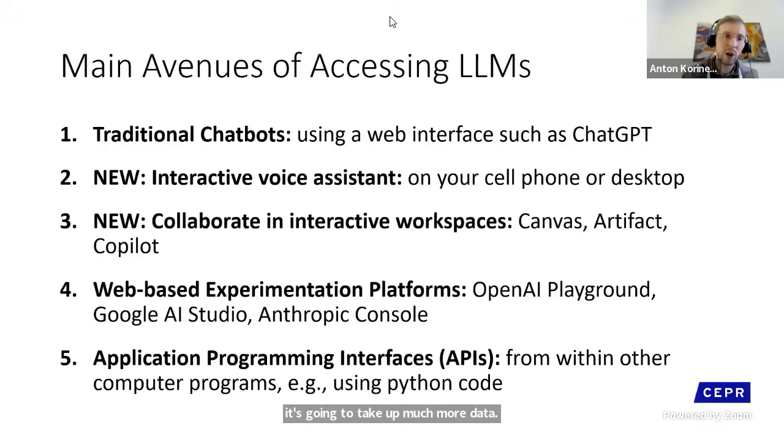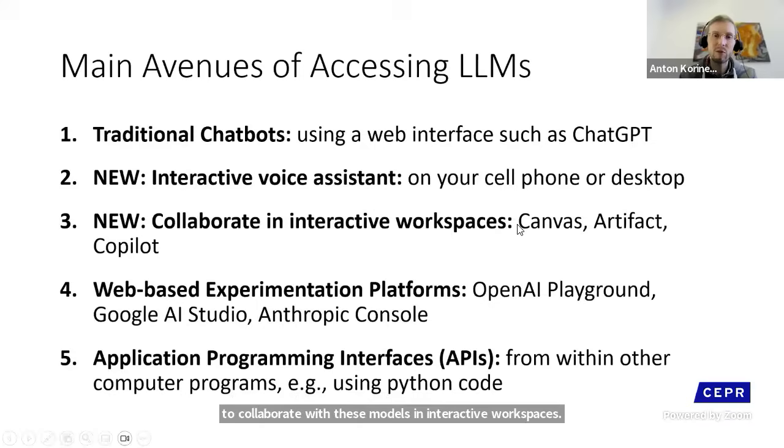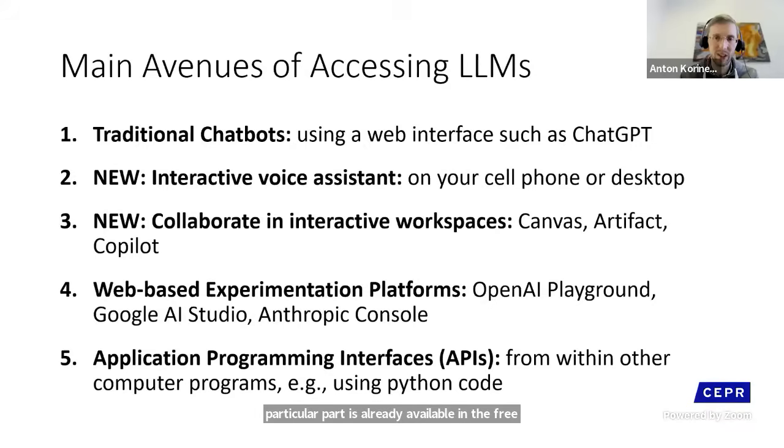And then the third point here, which I have also highlighted as new, is to collaborate with these models in interactive workspaces. So if you use ChatGPT, then there's a new beta version, and I don't know actually if that particular part is already available in the free version or if that's only going to be rolled out in the next few months.